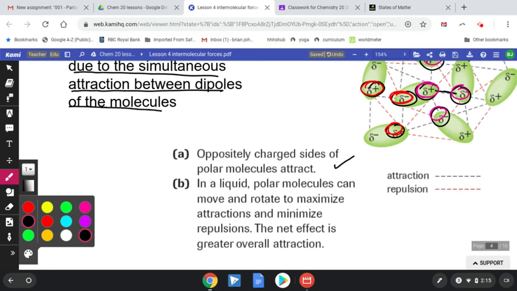Oppositely charged sides attract, and in a liquid, the molecules can move and rotate to allow the strongest attractive effect, or maximize attractions, minimize repulsions, and you get a strong overall attraction in the liquid state. Okay.